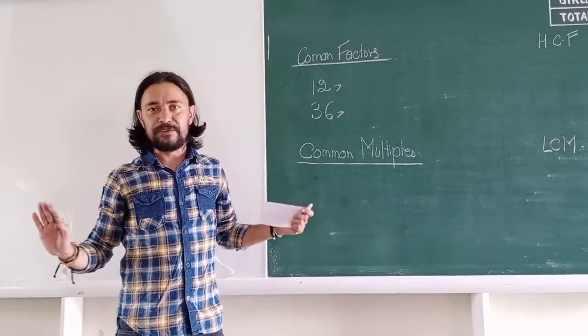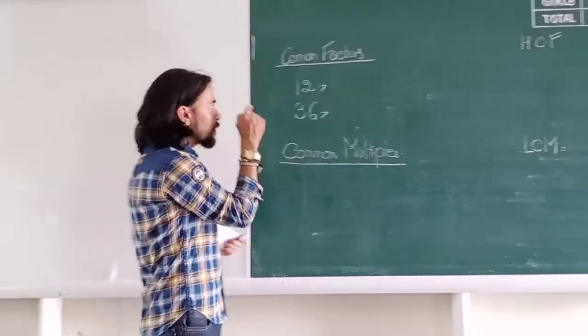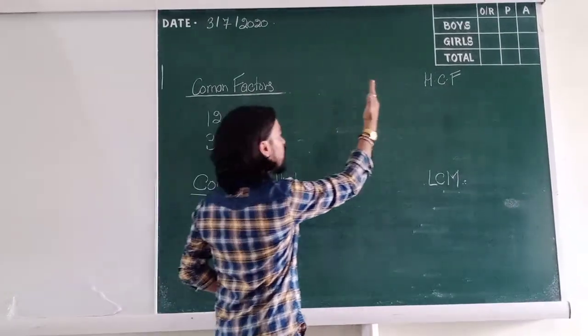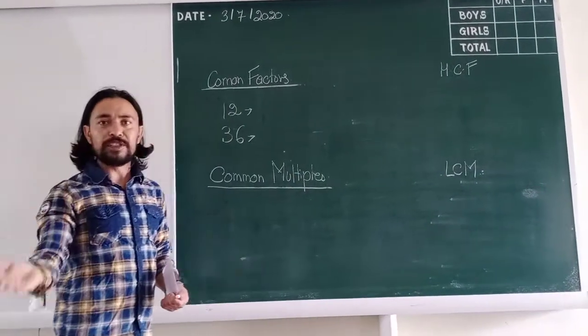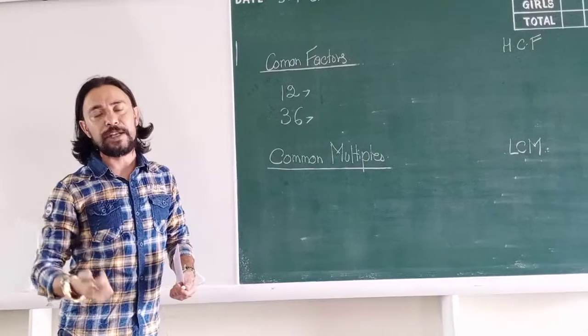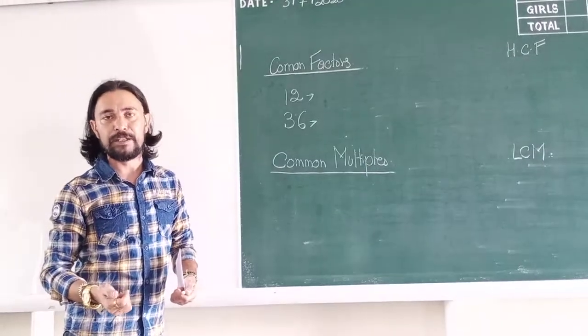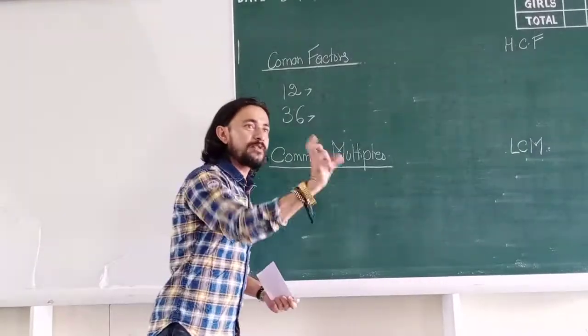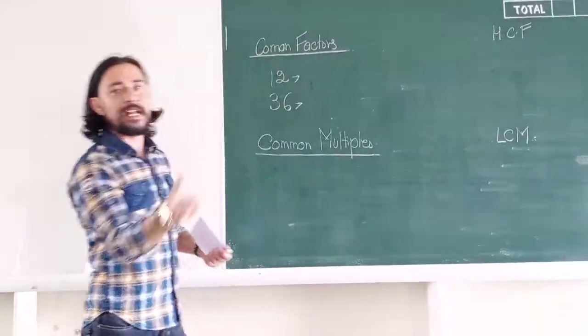You don't have to go any further. And as I told you, because factors are limited, you will have your factors exactly from 1 to 12, not more than 12, because 13 does not divide 12 completely without leaving a remainder, and so are all the other numbers beyond 12.